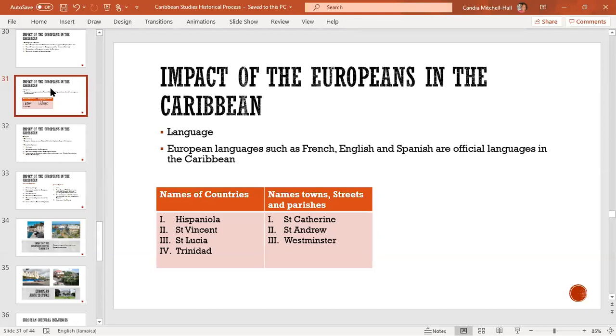We are basically taught to speak standard English, although most British people cannot speak standard English. Same thing with the Americans.